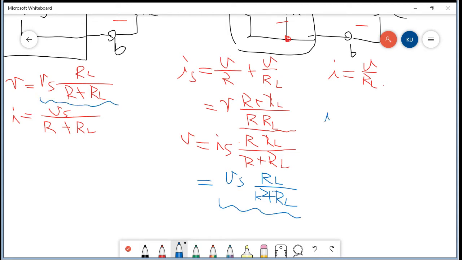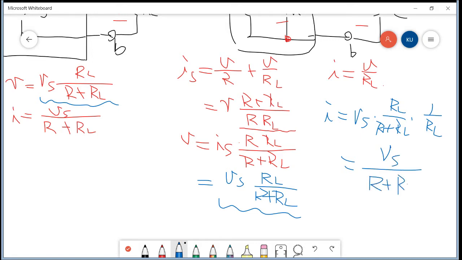Also, I equals V over RL, which is Vs times RL over R plus RL times 1 over RL. So RL and RL cancel, and we have Vs over R plus RL. So this one is also the same as this one.